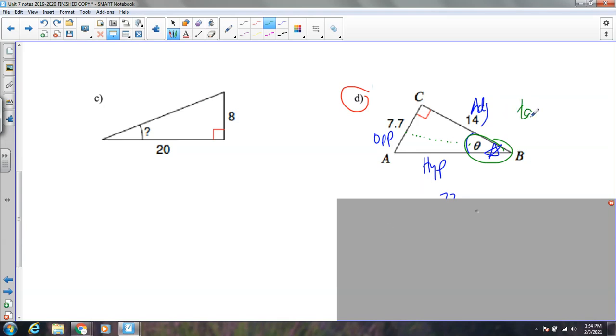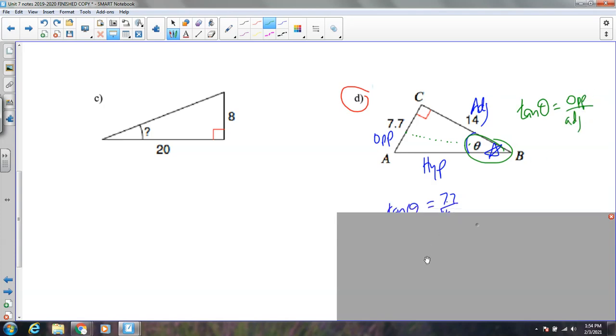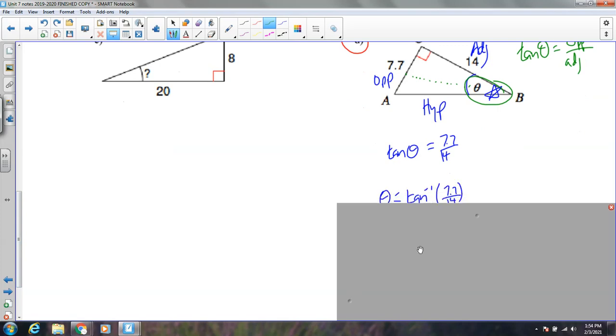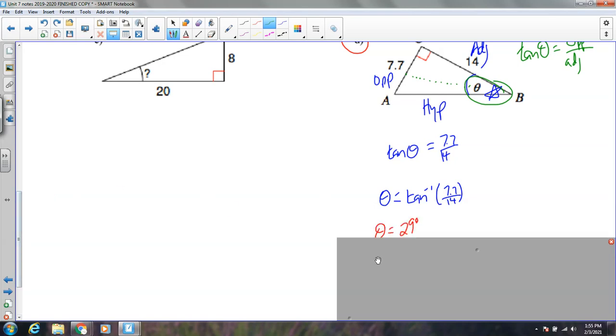So opposite and adjacent is my tangent ratio. So I know the tangent of my angle, the tangent of theta, equals the opposite over the adjacent. To get the angle by itself, I need to do the inverse to both sides. Now I can go right into my calculator, and I get theta equals 29 degrees.